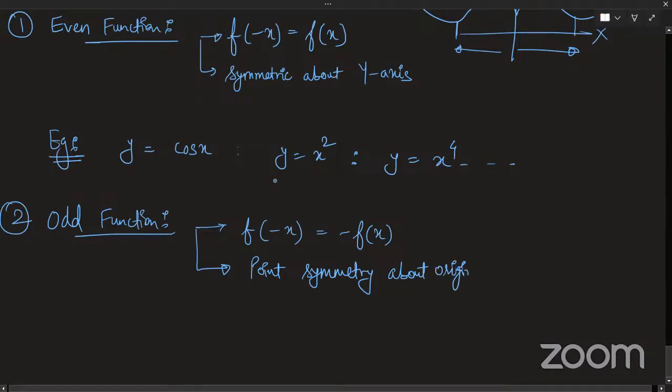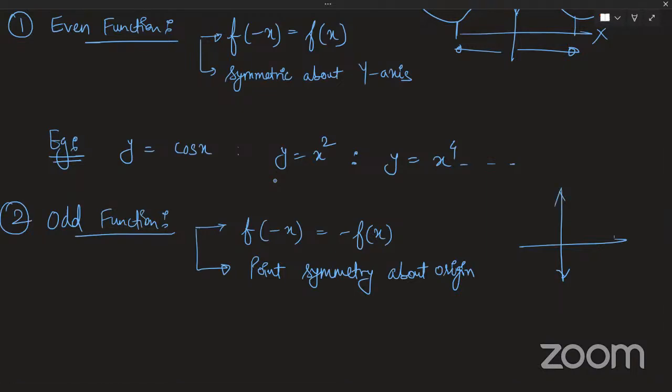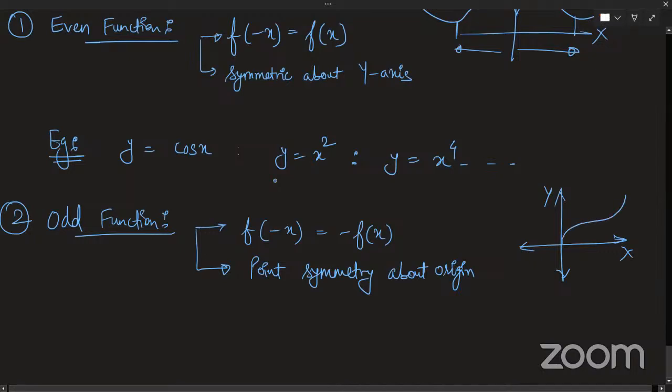You all know what is meant by point symmetry, right? Point symmetry means it is basically rotational symmetry. Like this is x, this is y. If a function is going something like this, on the negative side it will just rotate by 180 degrees. So it will be something like this.